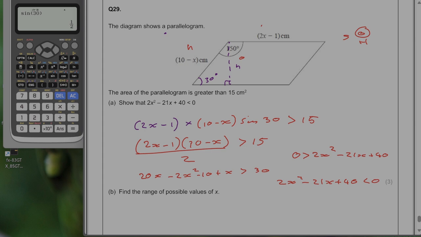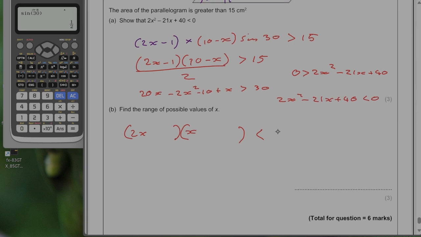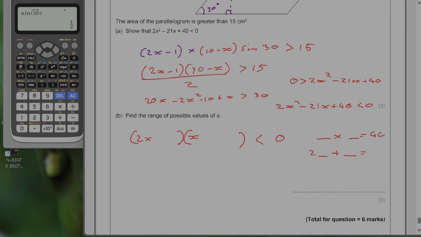Right, find the possible ranges of value for x. So I'm going to try and factorize this. To factorize it, the only way to make an x squared is with a 2x and an x. So I'm looking for two numbers that multiply together to make 40, and two lots of one of the numbers plus the other number add together to make 21.